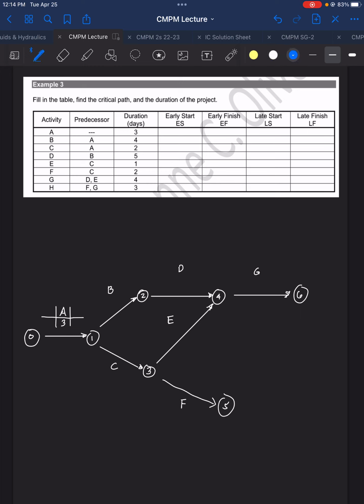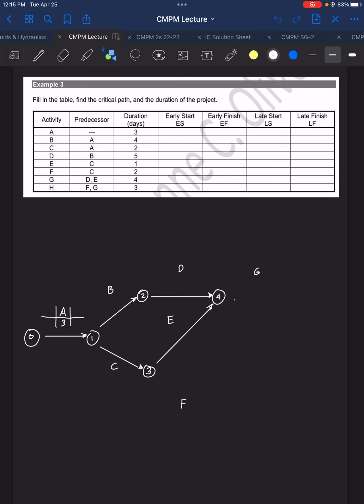Next and last but not the least, we have H. So activity H will start after activity F and G. So where are F and G? F and G should finish first before we can start with H. That means G and F will merge. So our drawing needs adjustment again. They will meet.